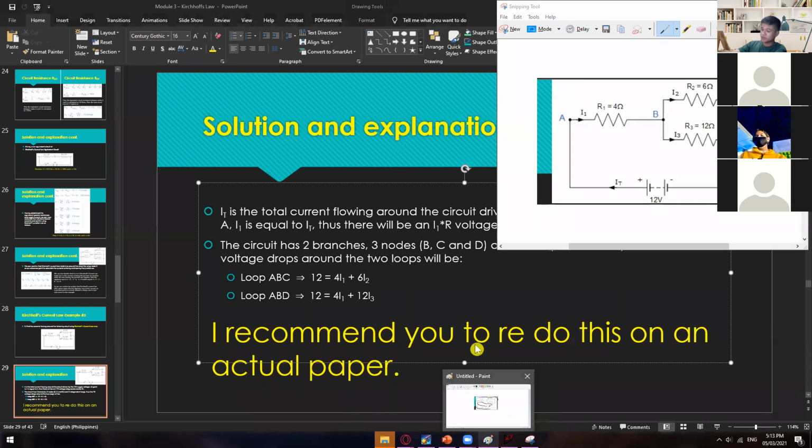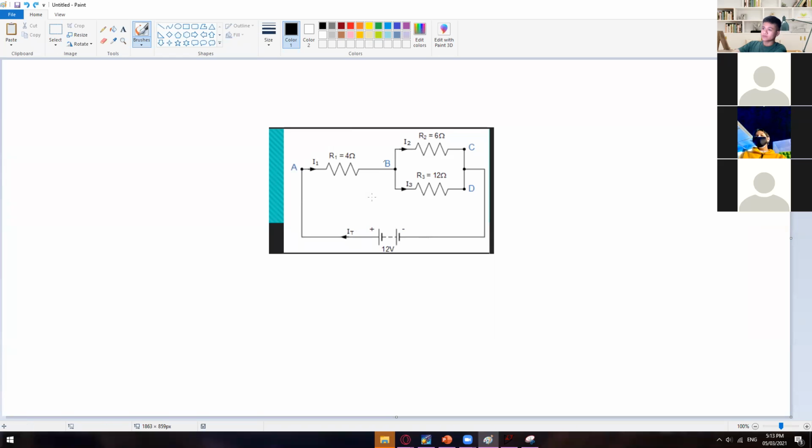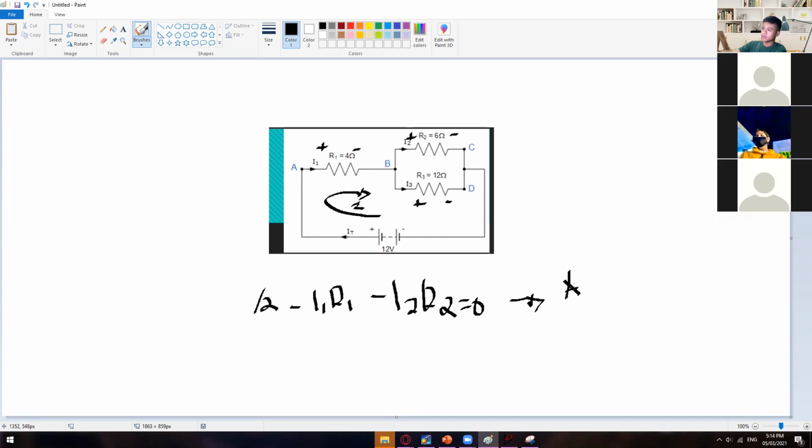So again, from there, you just apply what you have learned a while ago. Just be consistent with your signage. So we have positive, negative right here. Positive, negative, positive, negative. So at loop 1, A, B, B, we have positive 12 volts minus I1 times R1 minus I3 times R3 is equal to 0.